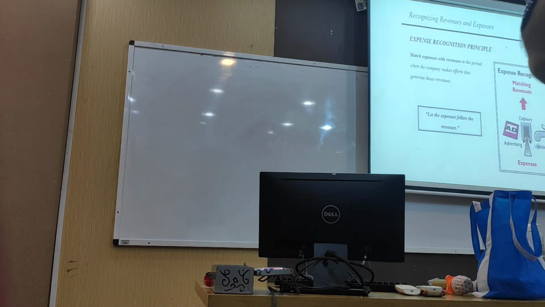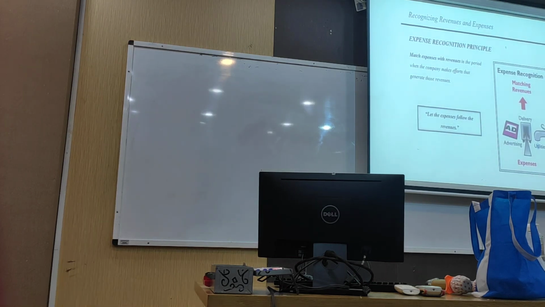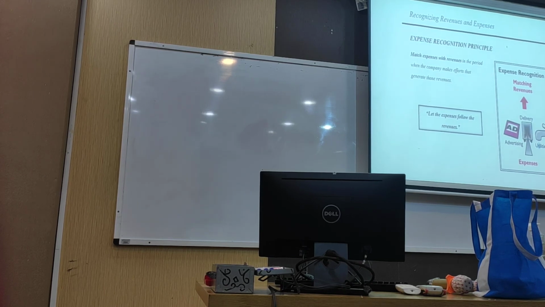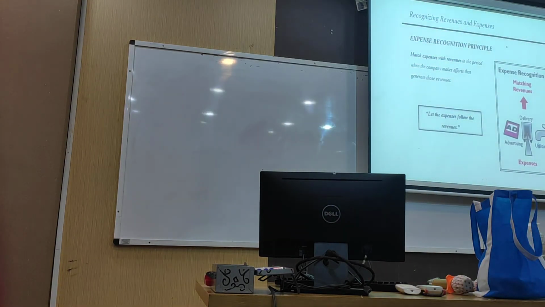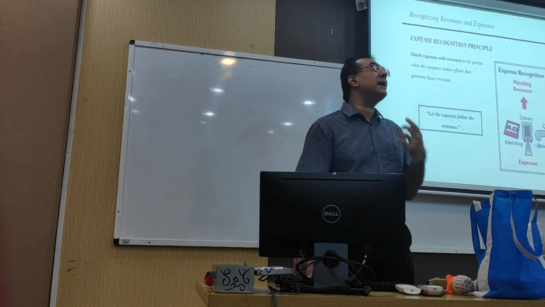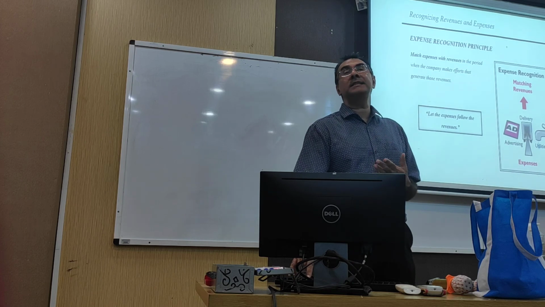But for revenue, I call it earned. For expense, I call it incurred. So you must understand matching. Matching means I must learn how to match revenues with expenses. As you can see at the bottom, it says expense must always follow the revenues. Okay? Is this clear or not clear? Clear. Okay, so we do this because of the matching concept.